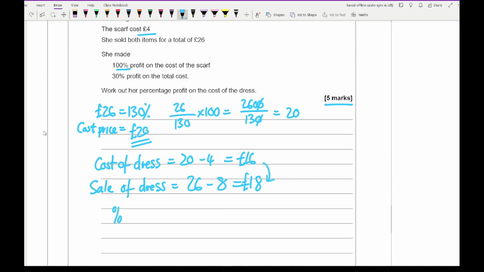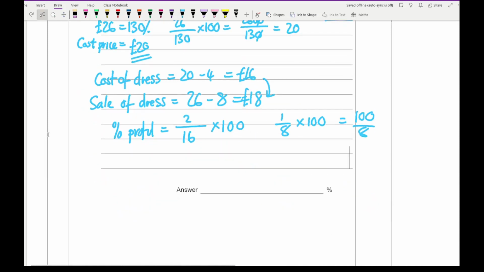So the percentage profit is the difference, which is £2, divided by the original times by 100. So here we've got an eighth times 100. So we've got 100 divided by 8. And again, if I do some division, 100 over 8, we get the answer of 12.5.